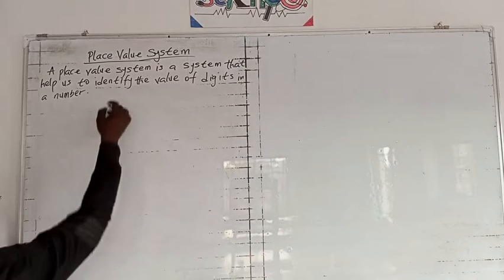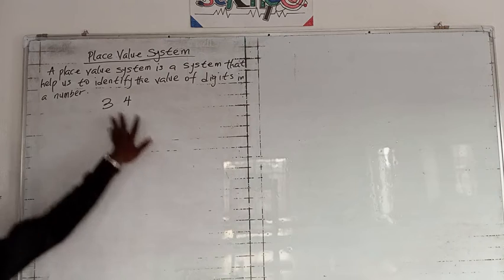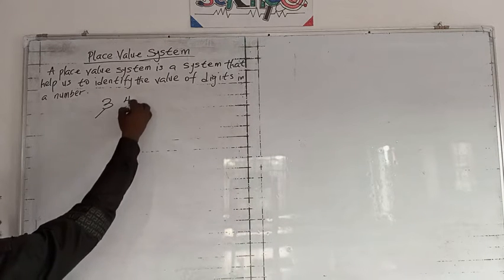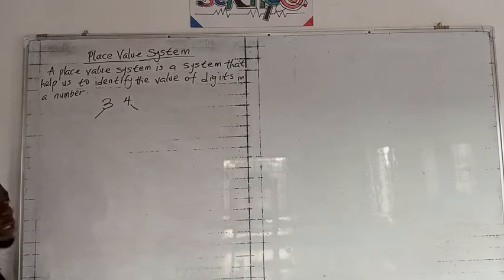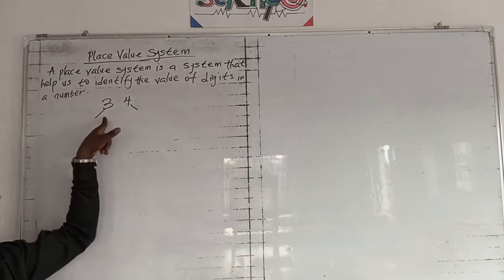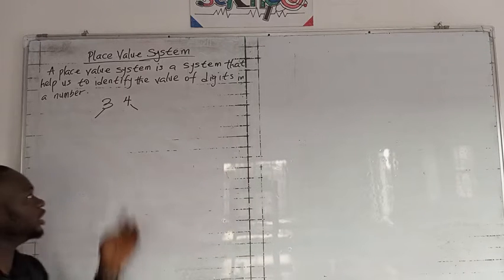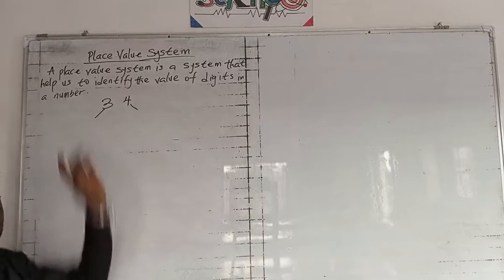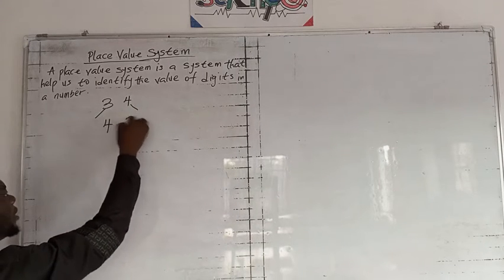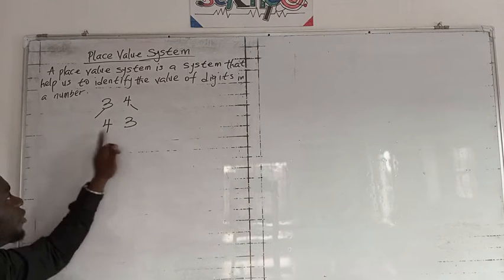Now, if we have a number 34, we know that this is a single number but made up of two digits, 3 and 4. The place value system helps us to know how big or how small 3 is in this number. We also have the number 43, made up of the same digits, 3 and 4.